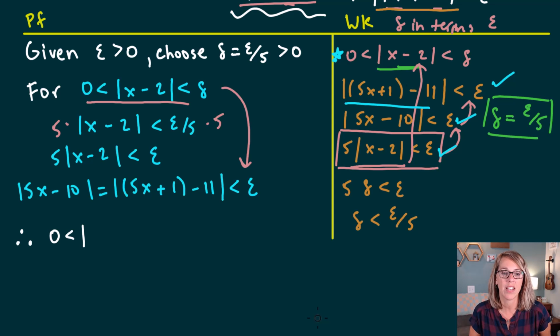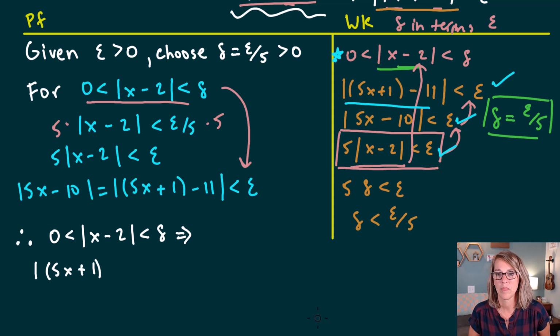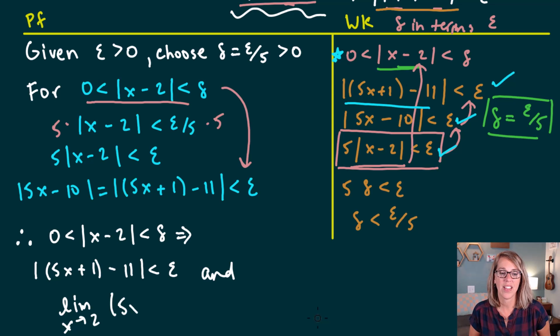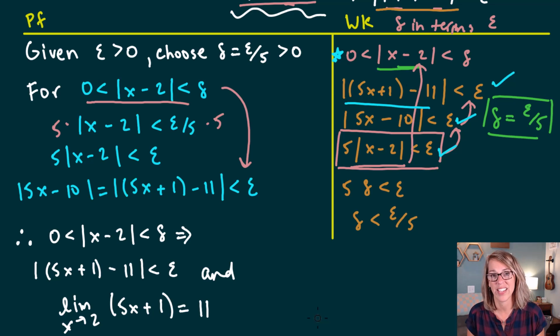So 0 less than absolute value x minus 2 less than delta did in fact lead us to our epsilon statement of f of x. So absolute value 5x plus 1 minus 11 less than epsilon, and we just proved that the limit as x approaches 2 of 5x plus 1 does equal 11, and that's the end of our proof.